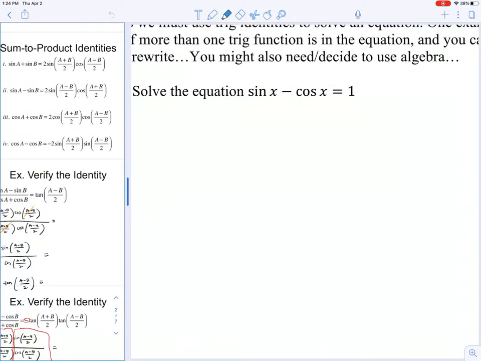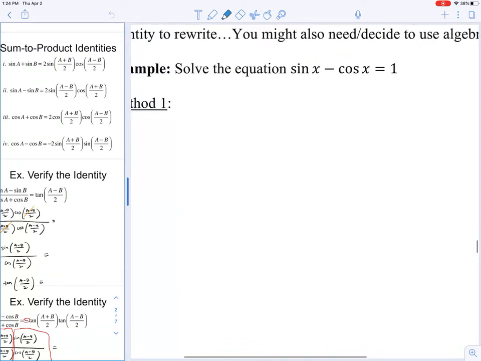Now, this first equation, I'm going to show you one way to solve using two different methods. The first method is just going to be using identities to come up with the general solution set. The second method is going to be using some extra algebra where you potentially run into extraneous solutions.